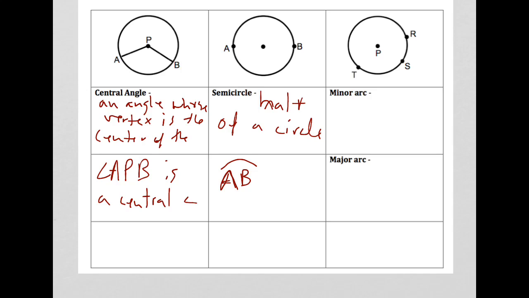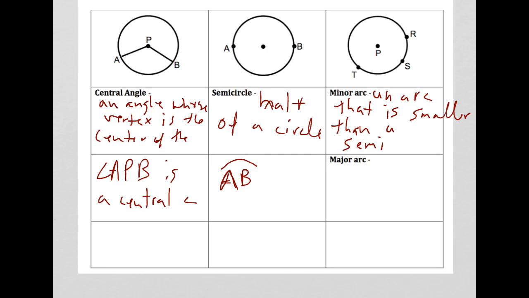More specifically, with semicircles, it's half the circle, but sometimes you have arcs that are not exactly half of a circle, so we call those either minor arcs or major arcs. A minor arc is an arc that is smaller than a semicircle.